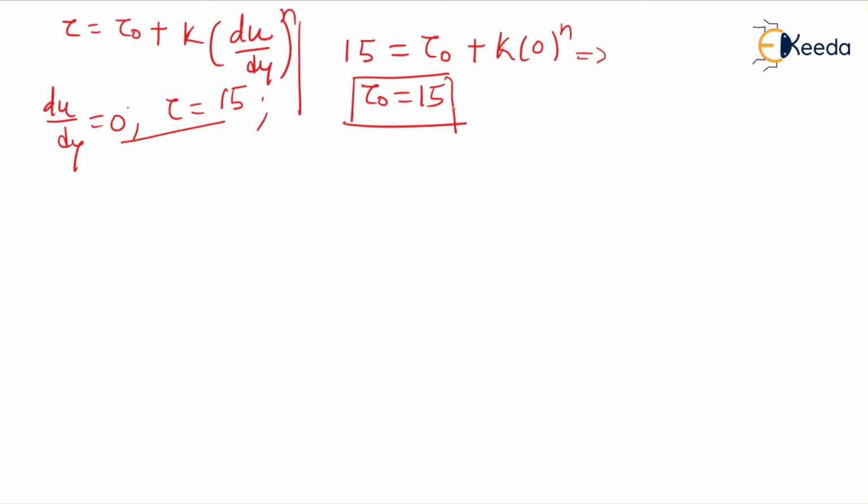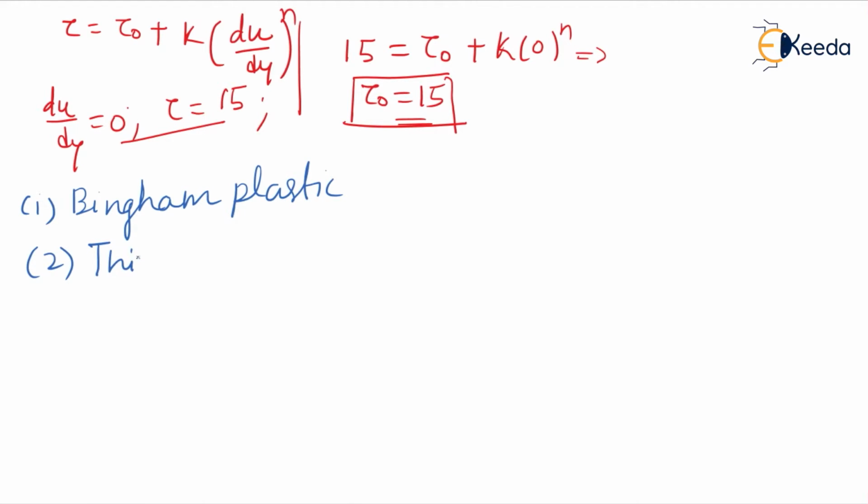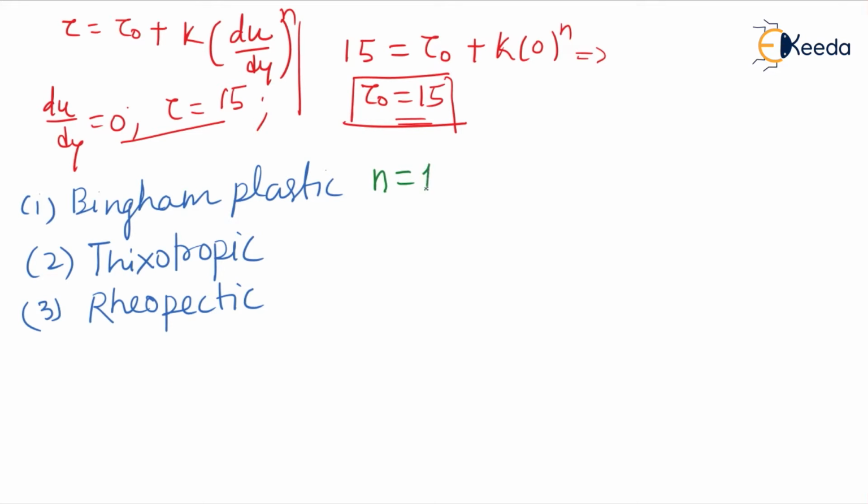Now, because it has some yield stress, there are only three possibilities for the fluid: either it is Bingham plastic, or thixotropic, or the third possibility, rheopectic. If the n value is 1, then it will be Bingham plastic.